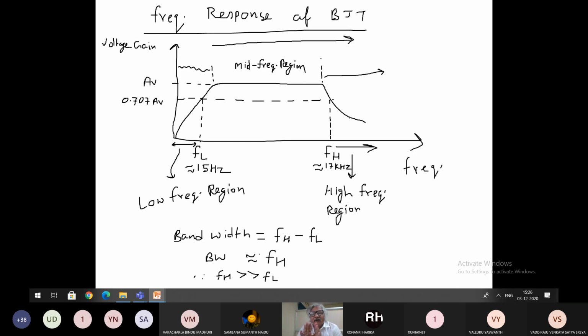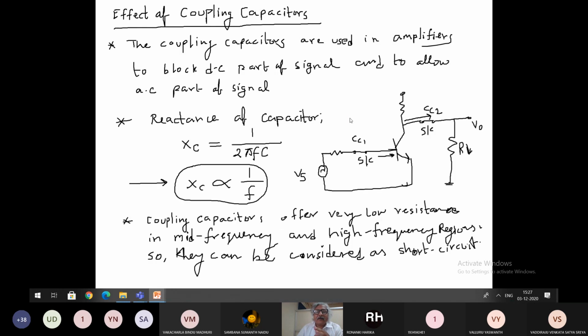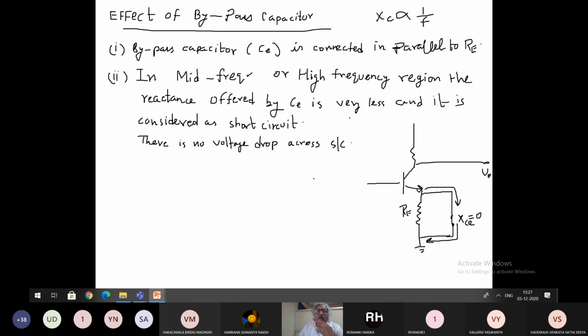So this drop is not due to the bypass capacitor. This is point number one. And we have already seen that this drop is also not due to the coupling capacitor.